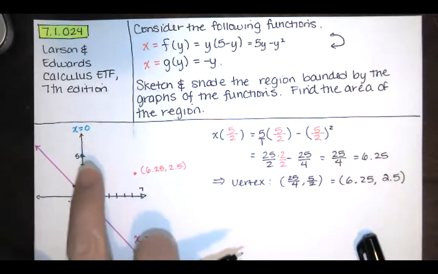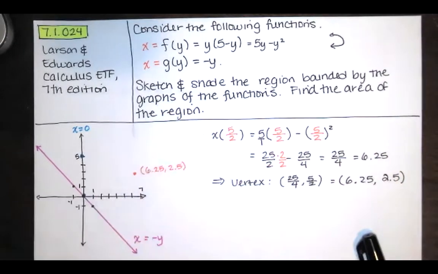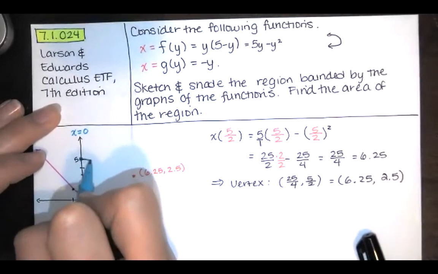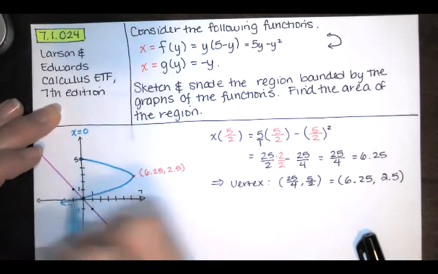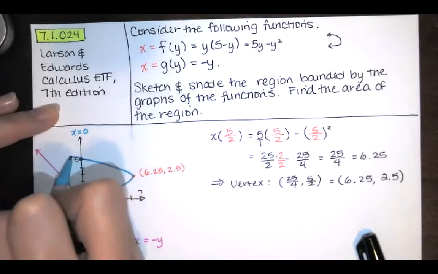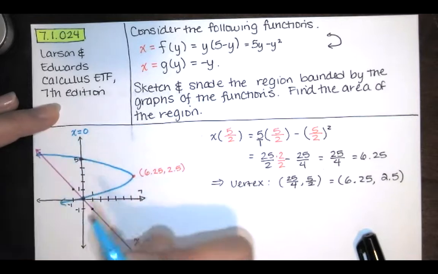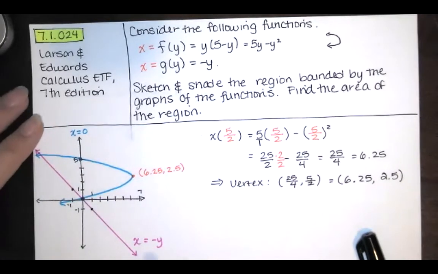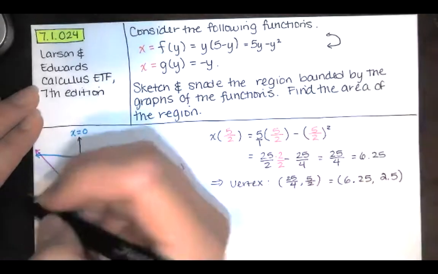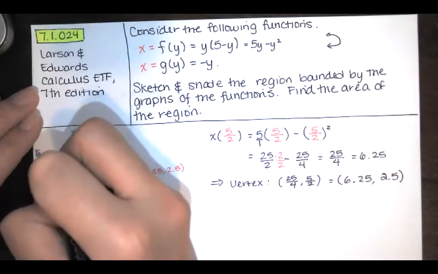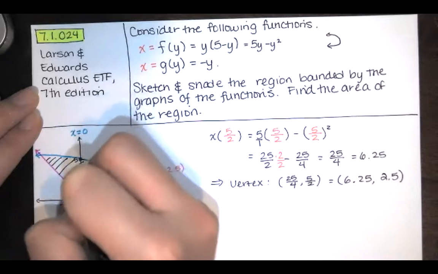Okay, so our parabola crosses here and here and here. It'll look roughly like this. And if the pattern continues, those two are going to cross over there somewhere. So I have sketched the line and I've sketched the parabola, and the region that we're looking for is right here.